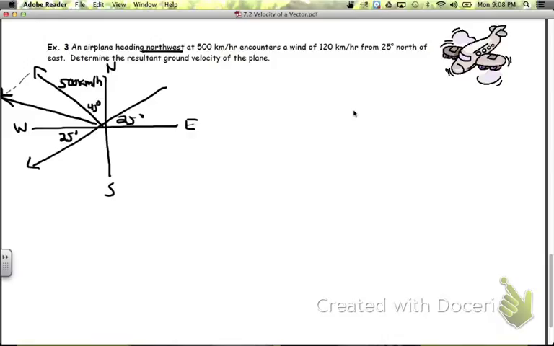So I also need to look at the different angles that are given. Actually, I'm just going to draw another picture here, so it's a little bit easier to see.